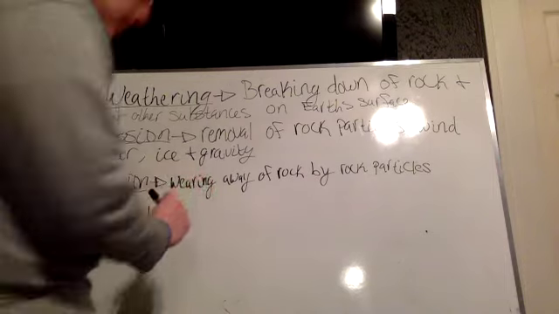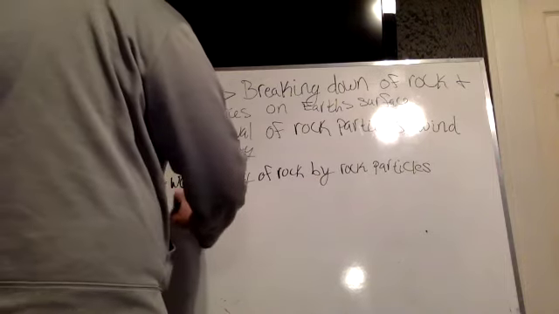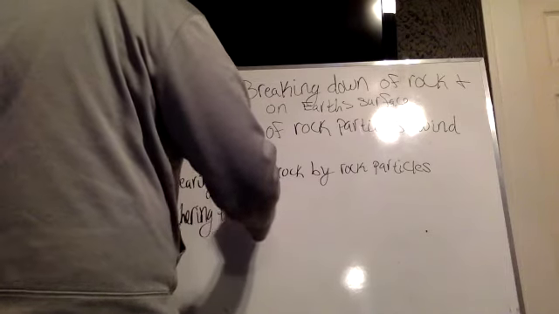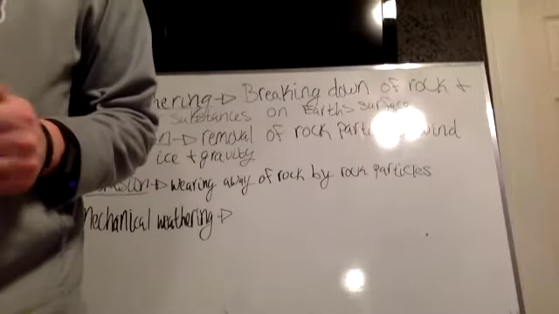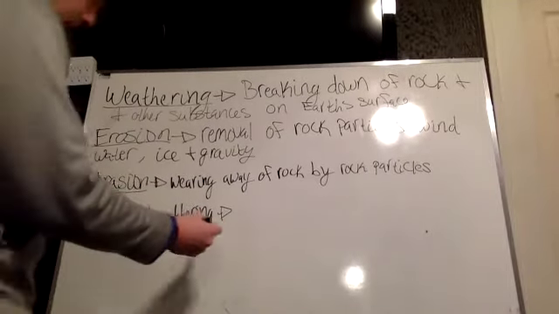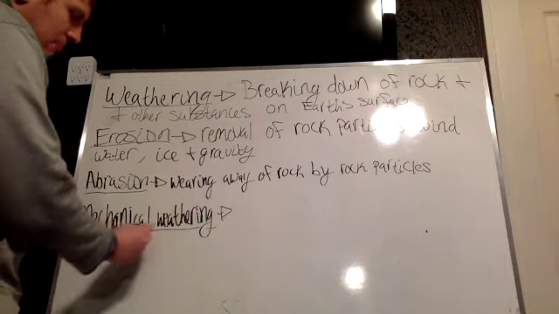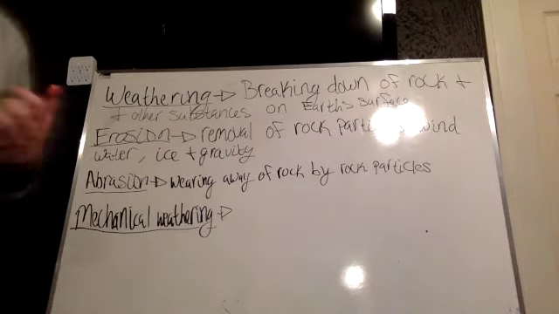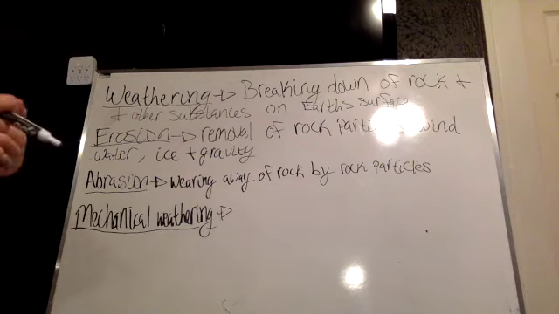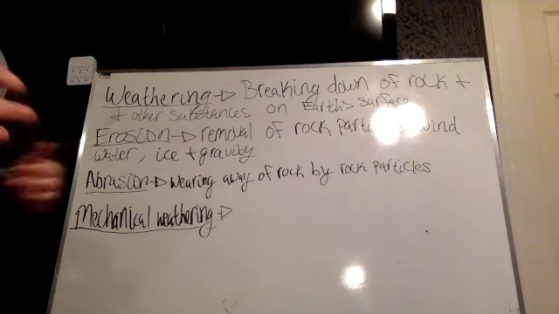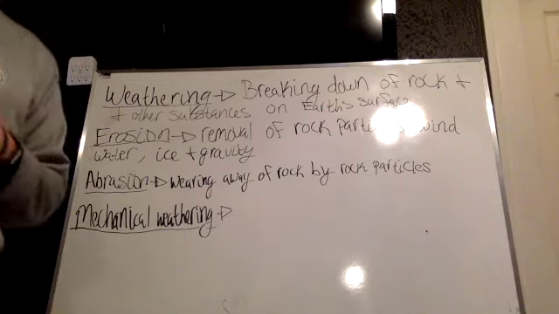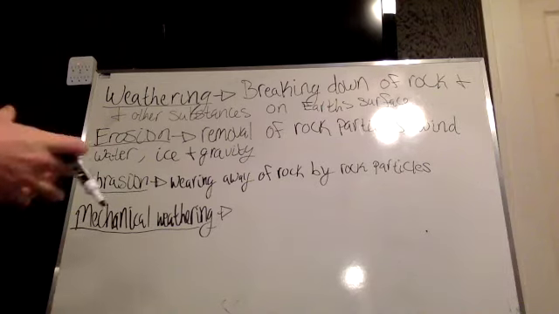mechanical weathering. Okay, mechanical weathering, kiddos. When you think of mechanical, I'm sure the first thing you think of is maybe a machine, maybe your car, maybe a mechanic that you take your broken car to. All those things have one thing in common, which is that they're physical. Machines are physical.